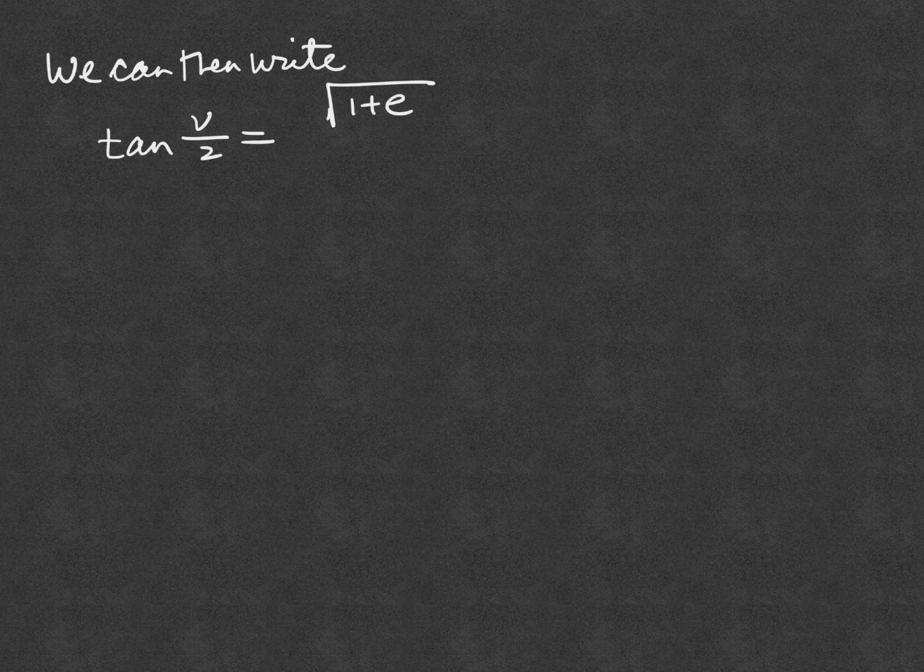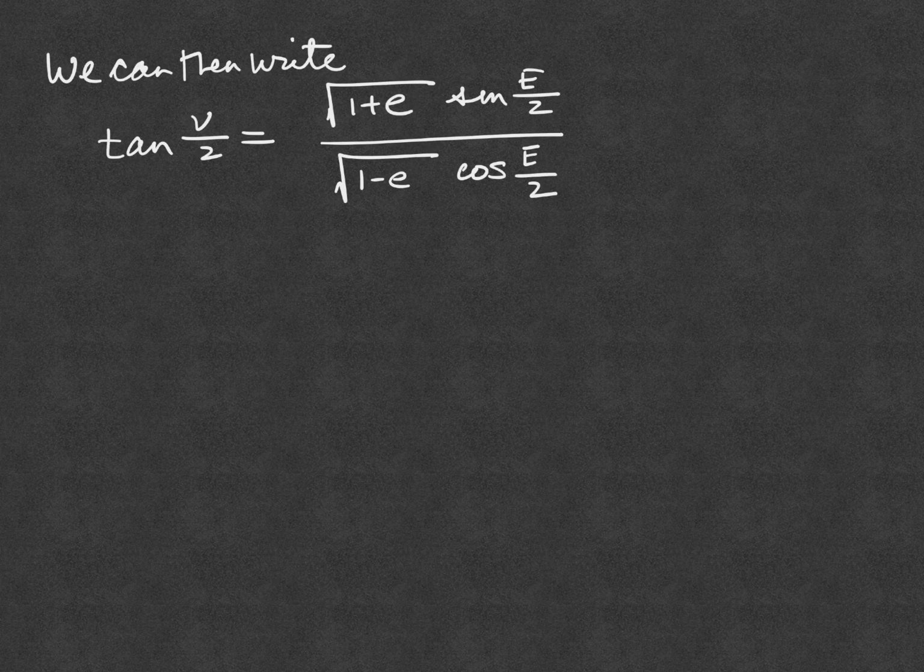We can write that the tangent of nu over 2 is equal to the square root of 1 plus e times the sine of E over 2, all divided by the square root of 1 minus e times the cosine of E over 2. I did that deliberately because by writing it this way, I can break this up into a sine part, or a numerator, and a cosine part, which is a denominator.